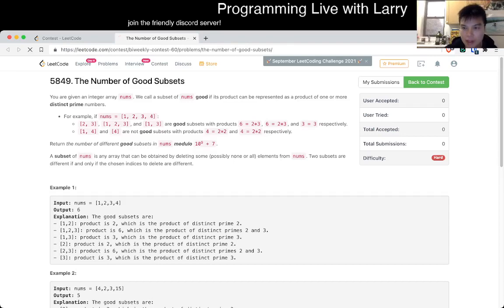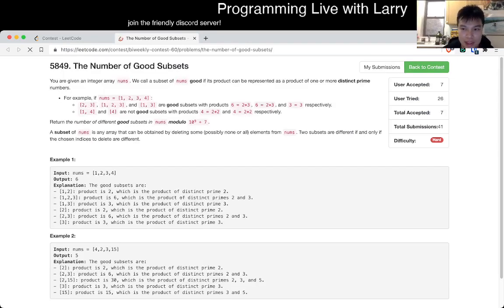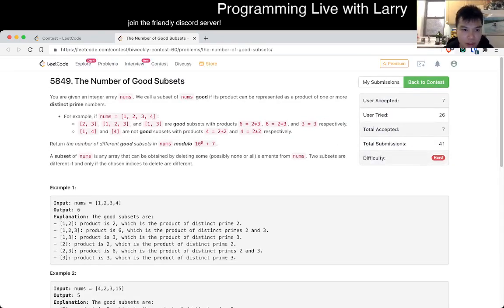It's Larry. Okay. 7 people already finished this, and I'm 10 minutes of penalties, so this is not great. How far behind am I? Okay, let's refresh. Nums is good if the product of one or more distinct prime numbers. We don't want good subsets, not good subsets, because if it's a product of one or more distinct prime numbers, what does that mean?